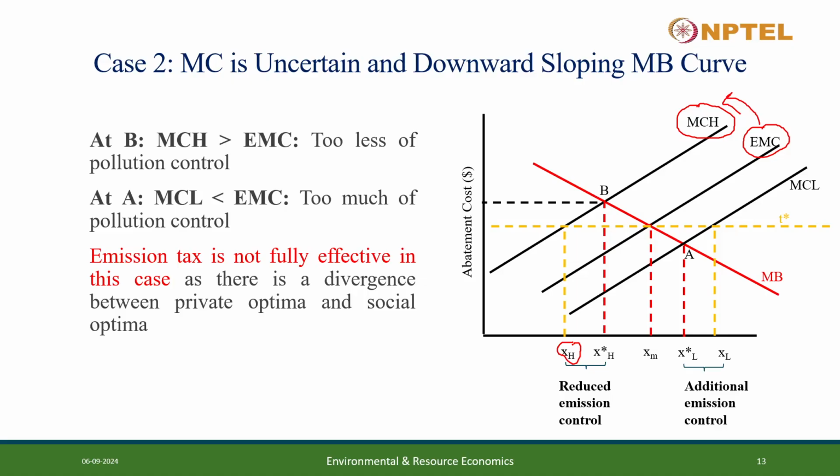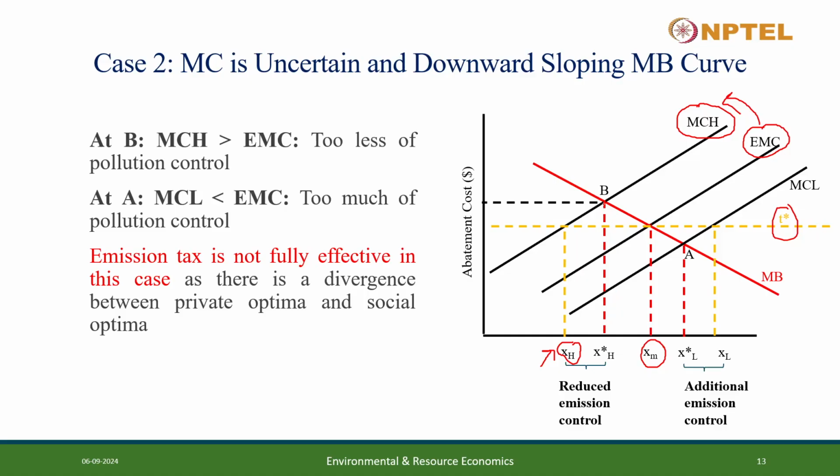However, by taxation system, the expected value by intersection of EMC and marginal benefit, we have come across XM, that will be the optimum level of abatement, and from there we are calculating the T, right, tax amount. So the level of abatement which a firm will do will be till XH, right, till XH.